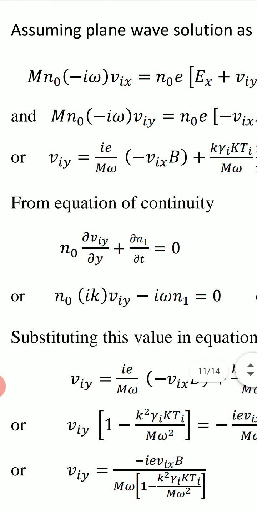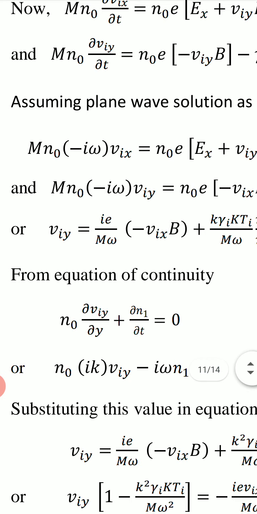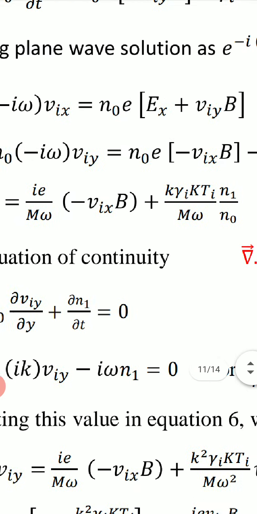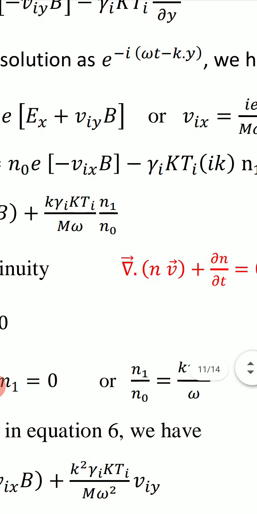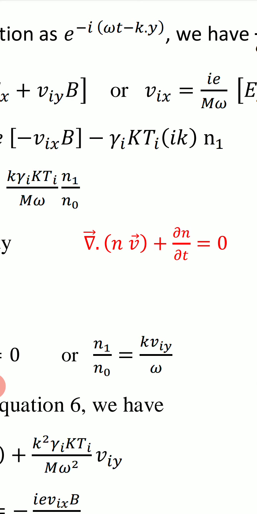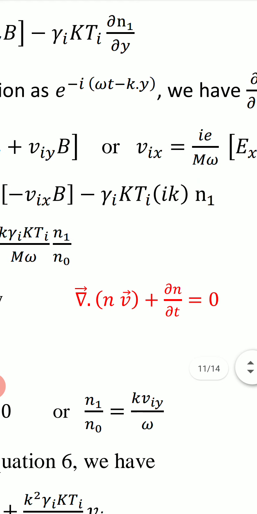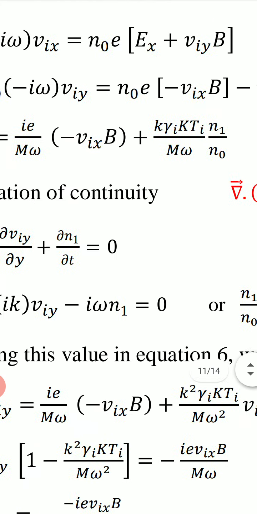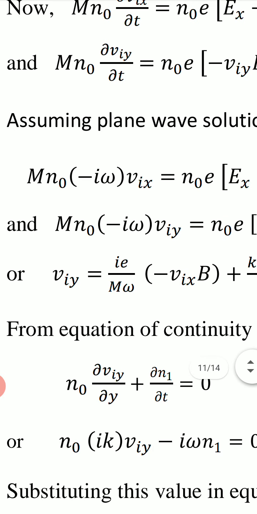And from the y component we have m n0 minus i omega Viy equal to n0 e (minus Vix B) minus gamma i KTi ik n1. Ik here is written for delta upon delta y, and minus i omega is written for delta upon delta t in this equation of motion for y component.